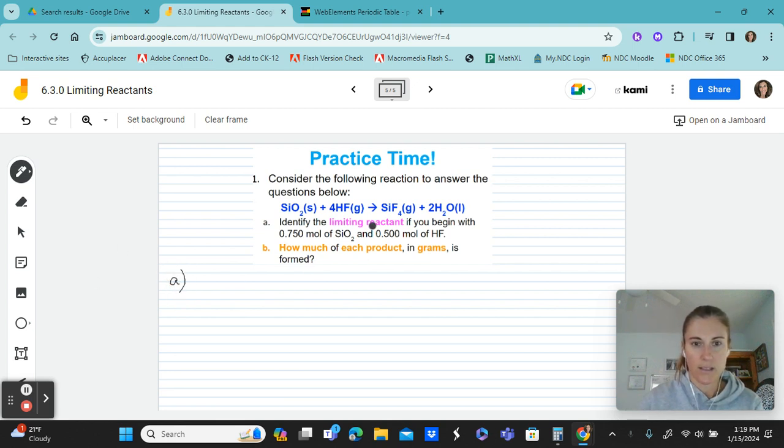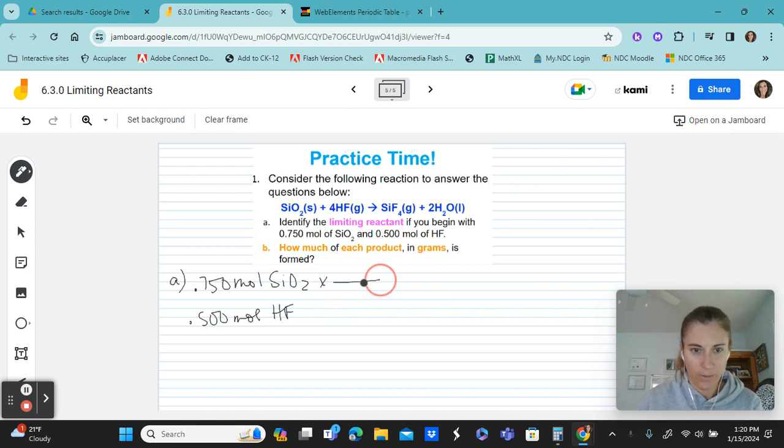All right, A says identify the limiting reactant if you begin with 0.750 moles of silicon dioxide and 0.500 moles of HF, hydrofluoric acid. So I'm going to solve for just one of them. I'm going to solve for SiF4 because it's a 1-to-1.